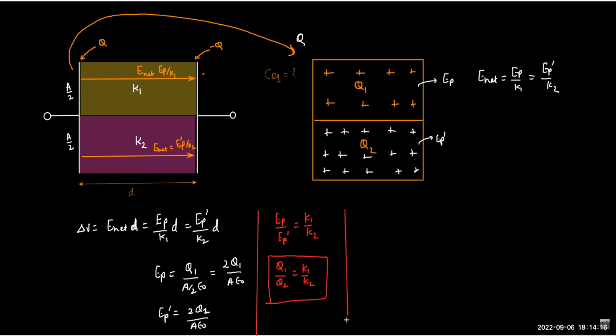And therefore, because we know the ratio and we know the summation, from 1 and 2 we can find Q1, Q2, right? So what is Q1 going to be? It is K1 upon K1 plus K2 into total charge, right?